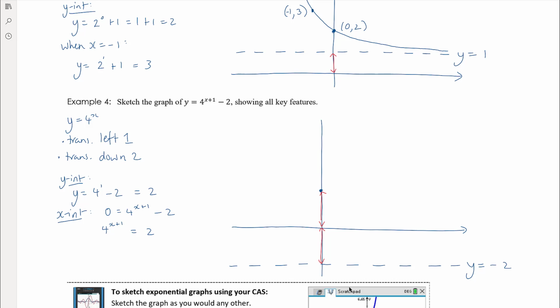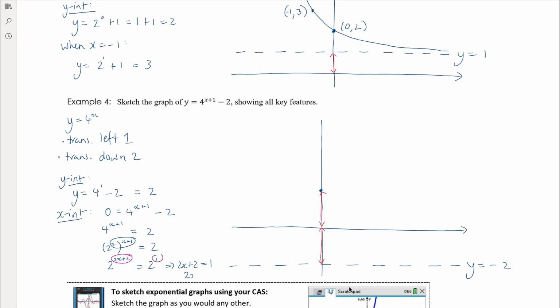So I've added 2, and now I'm going to focus on, well, 4 is 2 squared. And then when we have a power after a power like this, we multiply them together. So that's 2 to the 2x plus 2 equals 2 to the 1. So this tells us that 2x plus 2 equals 1. That is equating the powers.